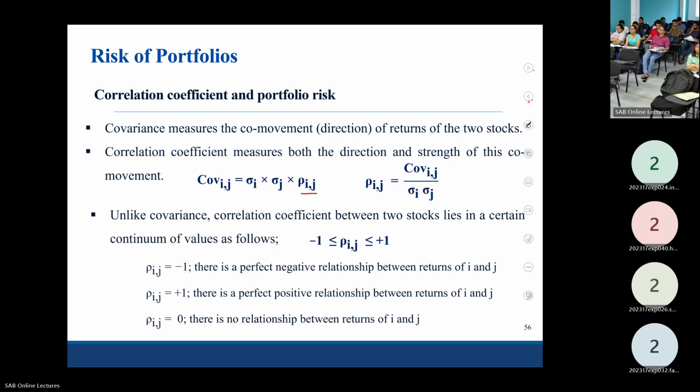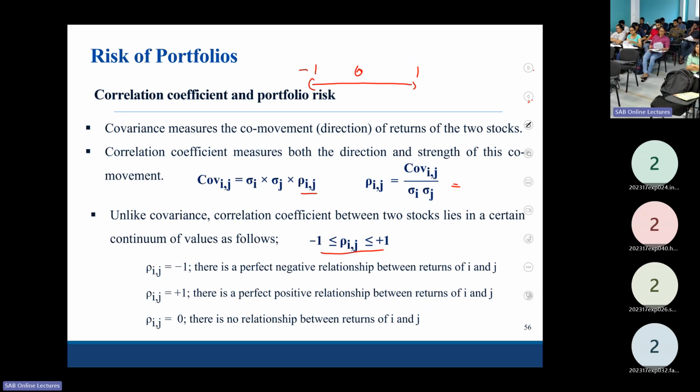So then you can calculate the correlation coefficient. Let's take the value and interpret it later. But you should know what the correlation coefficient is. Normally the correlation coefficient goes between -1 to 0 to +1. It goes in this range.